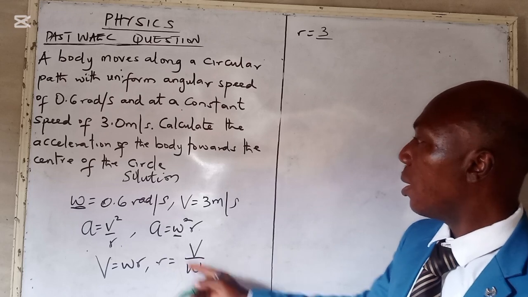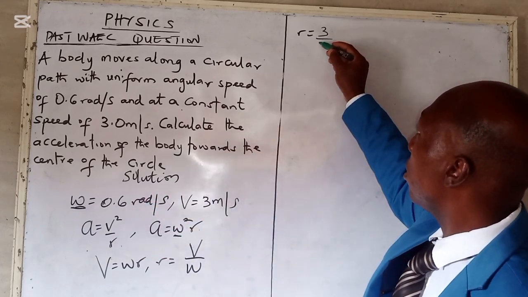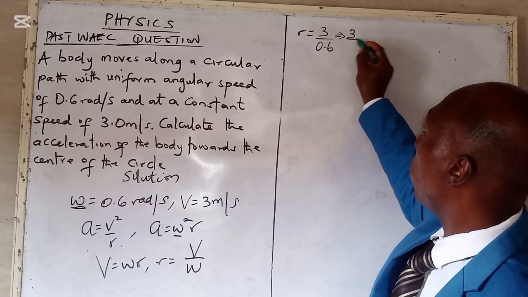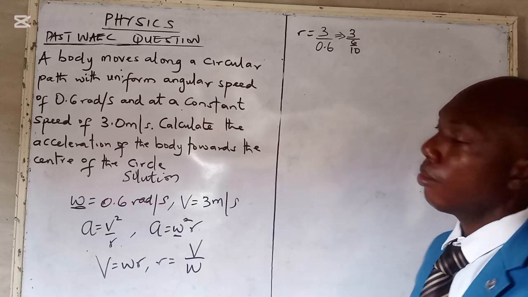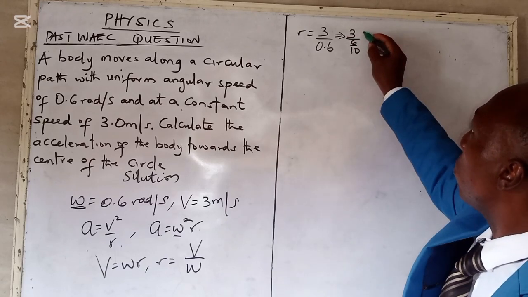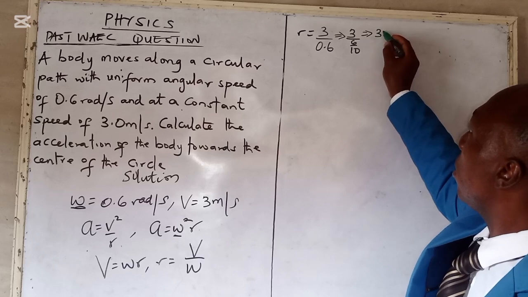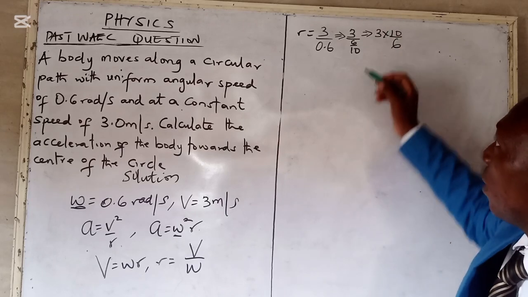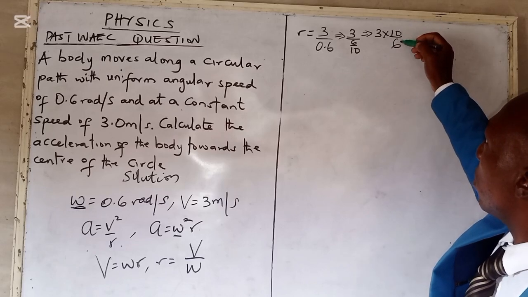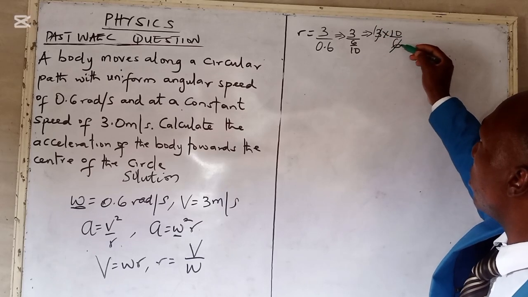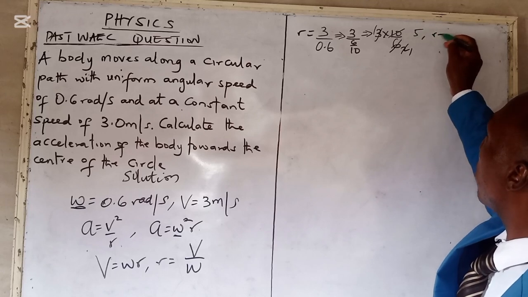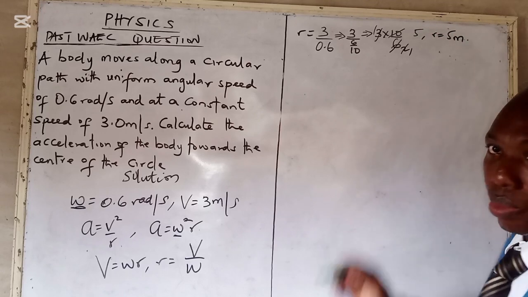Our omega, that angular velocity, is 0.6. So if you do this very well, you have 3 over 6 over 10. That will give you 3 times 10 over 6. If you divide it very well, 3 into 3 is 1, 3 into 6 is 2, 2 into 10 is 5. So our radius is 5 meters.